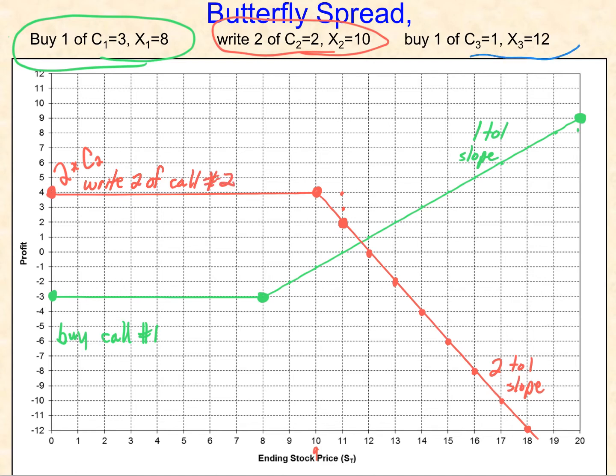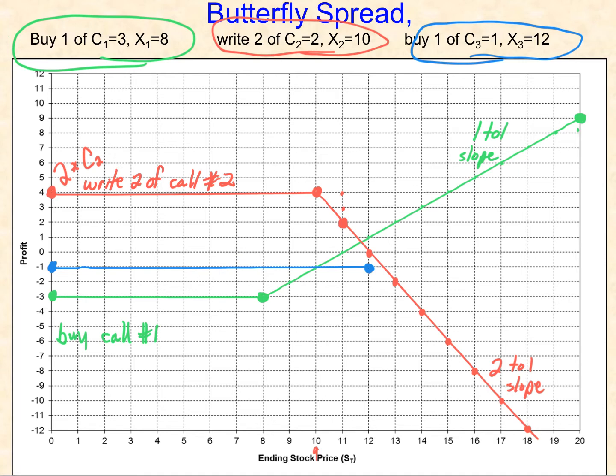Finally, our third call has a premium of 1 and an exercise price of 12. So we'll come down to -1 on the y-axis. We'll go over to a stock price of 12, and there's the out of the money range for that option. So at low stock prices, we pay the $1 premium. The option expires out of the money, and we lose our $1.